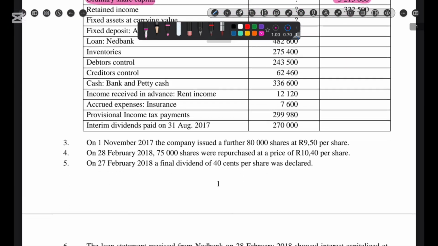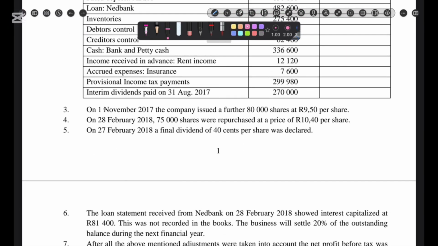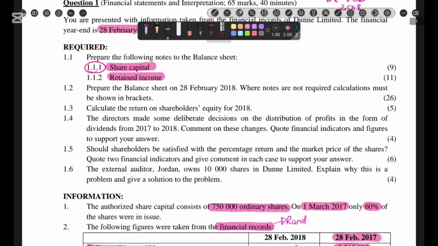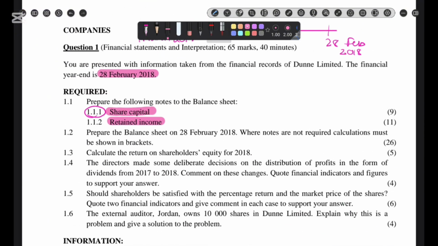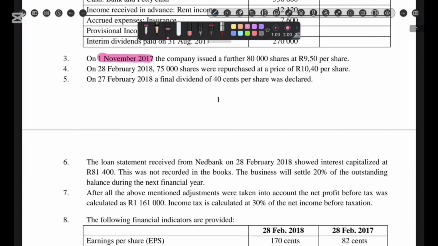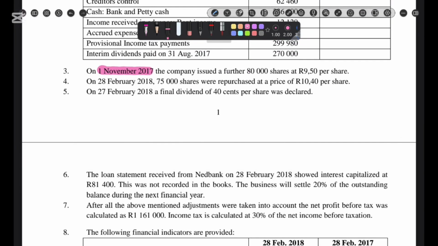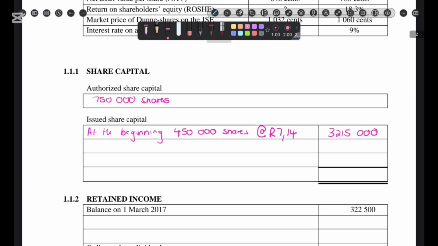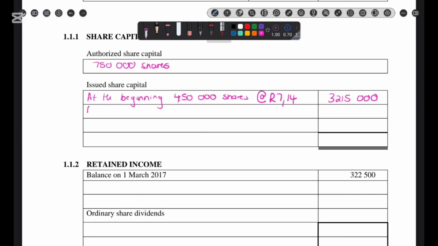Then what's next? The next thing they tell me is that on the 1st of November 2017, so somewhere during the year, because remember, our year is from March till Feb, the company issued a further 80,000 shares at 9.50 rand per share, right? So I'm going to write issued during the year.